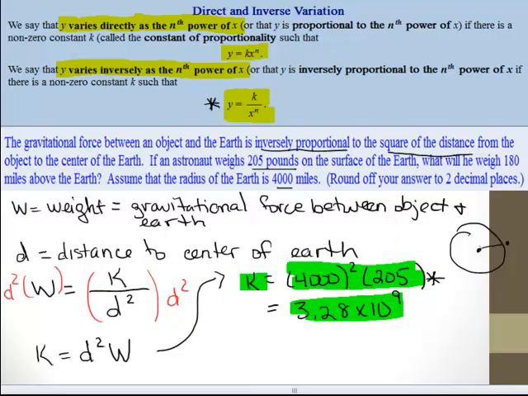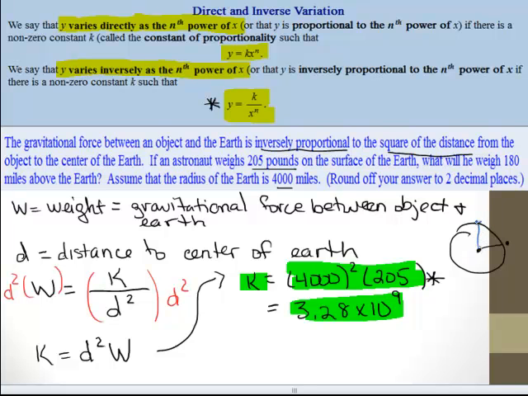Now that we know K, we need to figure out the rest of this problem. If an astronaut weighs 205 pounds on the surface of the Earth, what will he weigh 180 miles above the Earth? Well, if he's standing here when he's on the Earth, this is 4,000 miles.